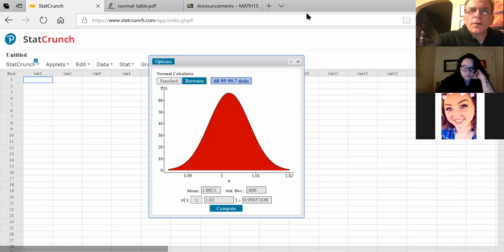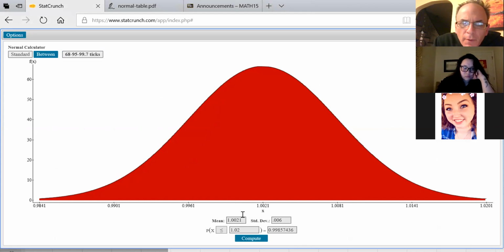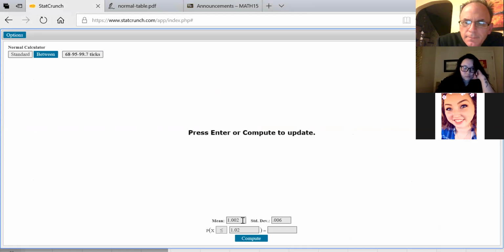And we can see almost the entire graph. 99.85% of all of our ball bearings will be less than 1.02, or almost the entire curve. If we use our 68, 95, 99.7 rule, we can see that. Oh, the mean is 1.002, I don't know why I put it in as 1.